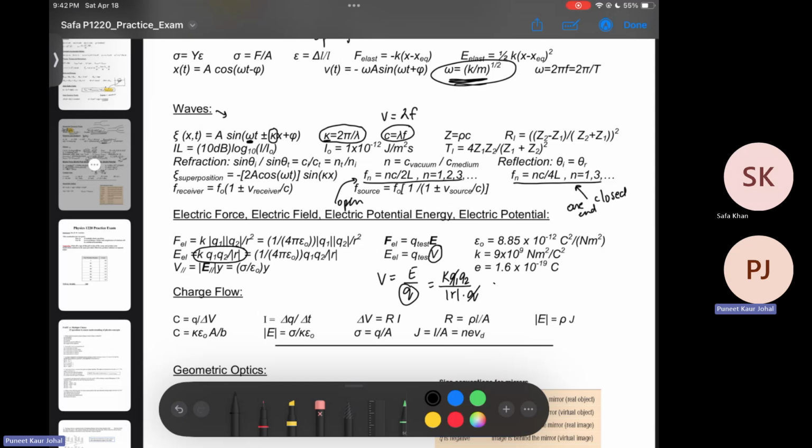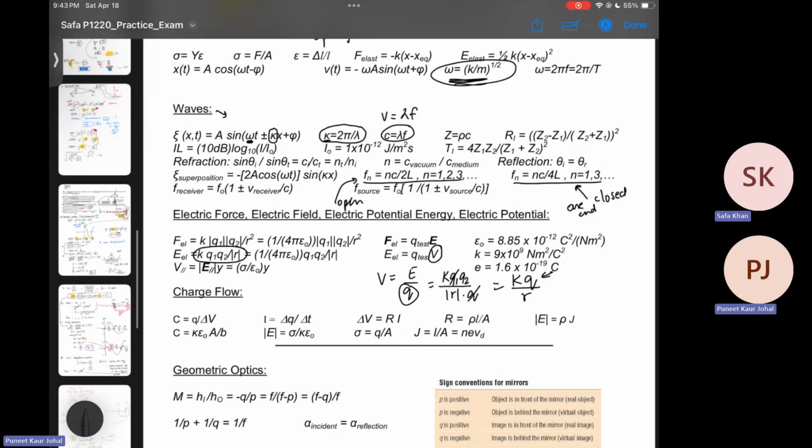One of the Q's will cancel, so it'll just be K Q over R, where Q is the charge that you're calculating the electric potential for. So sometimes you may not be given the formula directly, but you can derive it from the given formulas, okay?